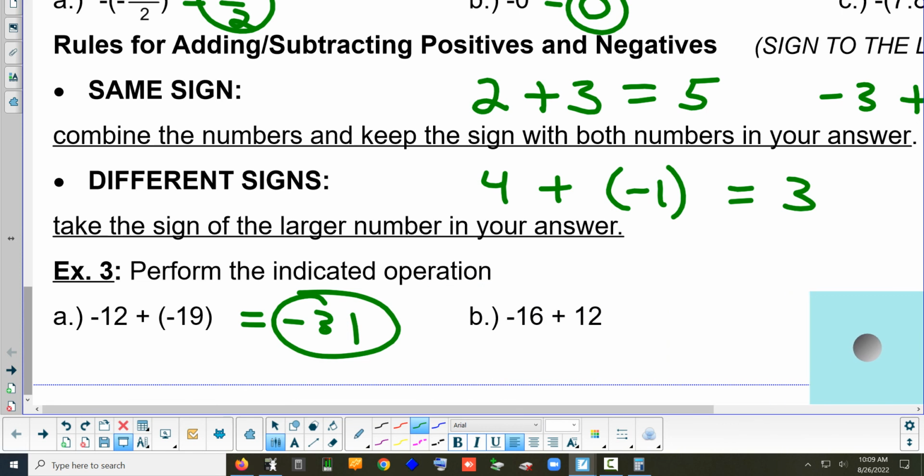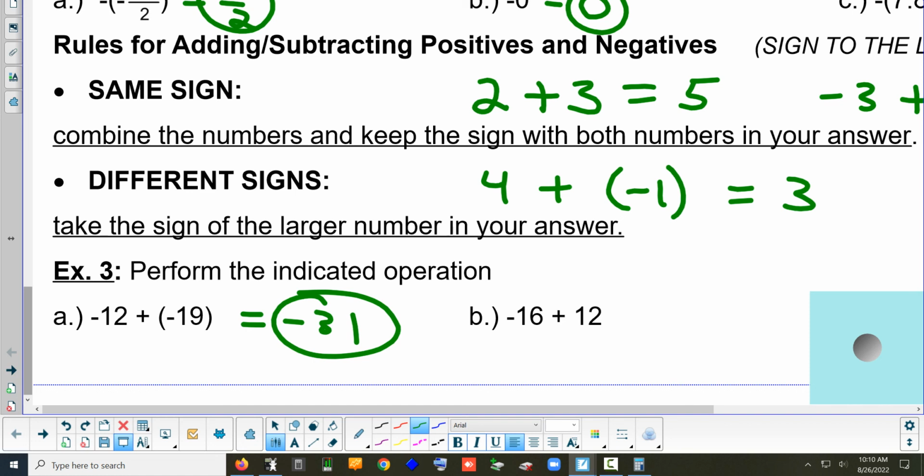All right, this one. Negative 16 plus 12. Are we adding numbers with the same sign or different signs in this case? Different. And if you think about it in terms of which one is more powerful than the other, you have negative 16 and a positive 12. What's my final answer going to be?